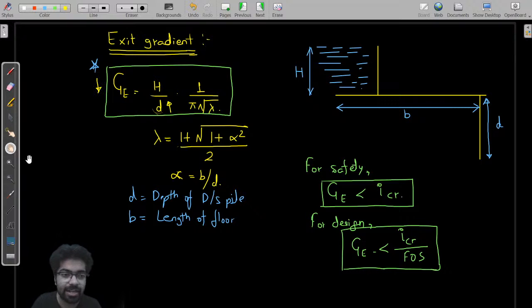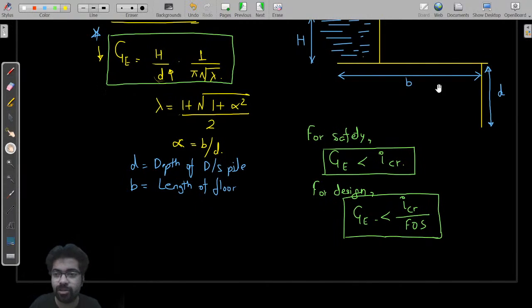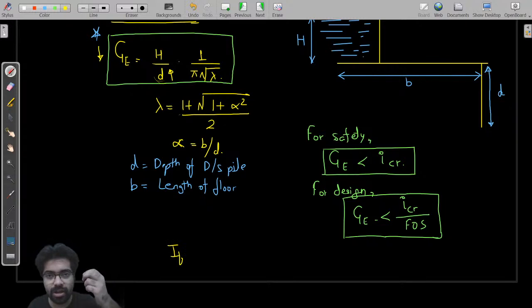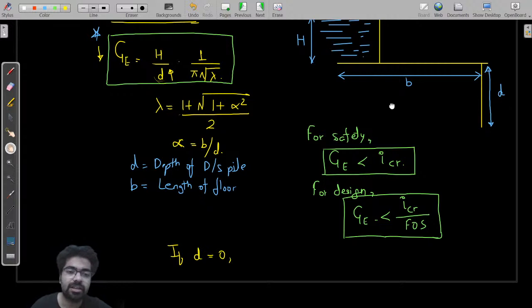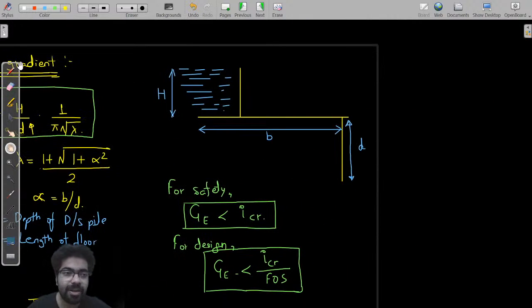Sir, if the depth of the downstream pile increases, then obviously your exit gradient will decrease. So I am writing here, suppose you are out of your mind and you didn't provide this D. You will write here, if D is equal to 0, if you do not provide the downstream pile.